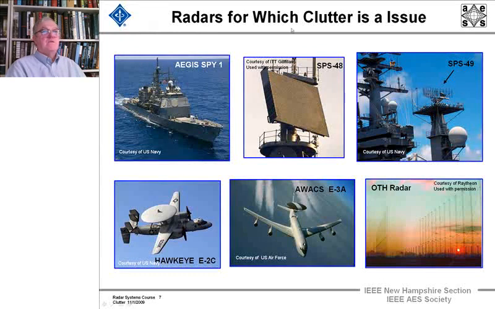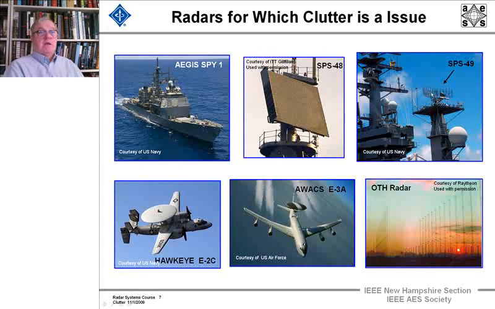Now, radars for which clutter is an issue, and here are just a large number of them. Some airborne radars that are used for surveillance and tracking, the Hawkeye E2C, and the AWACS E3A, the over-the-horizon radars that will look over the horizon at frequencies between 3 and 30 megahertz.